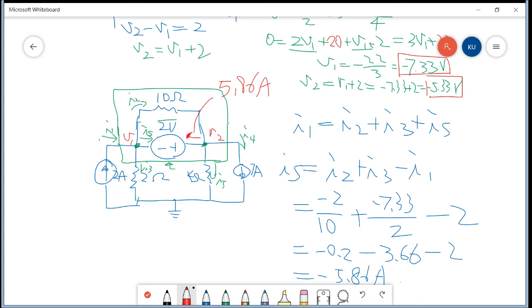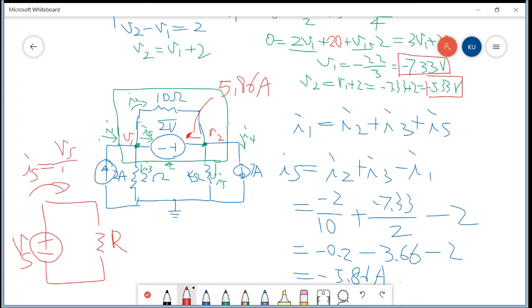Usually when you just connect a voltage source to a resistor, suppose it is VS, then the current should be going like this. Then IS should be VS over R. Suppose VS is positive, R is positive, then IS is positive, which is going outside.